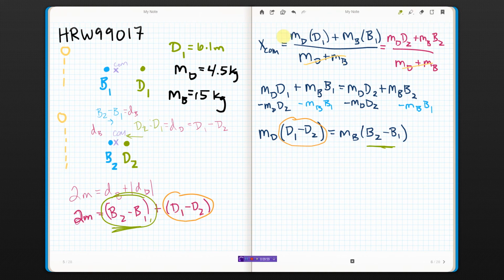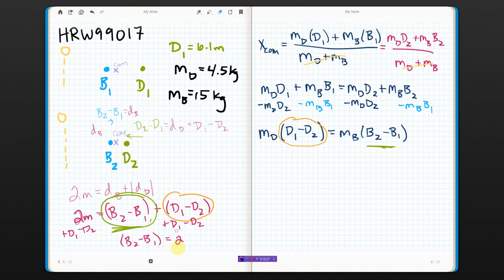So I know that, for instance, if I add this to both sides, oops, minus D2, add that to both sides, then what I get is that the quantity B2 minus B1 equals 2, oh, I don't want to add it, I want to subtract it.